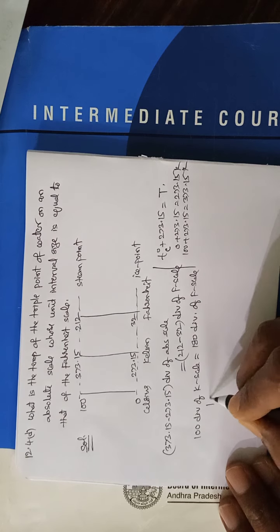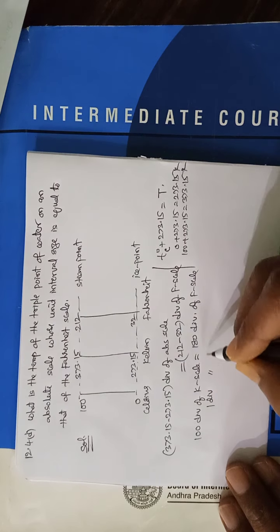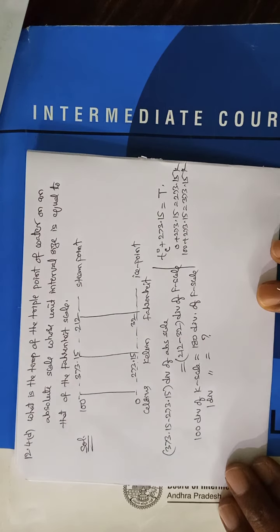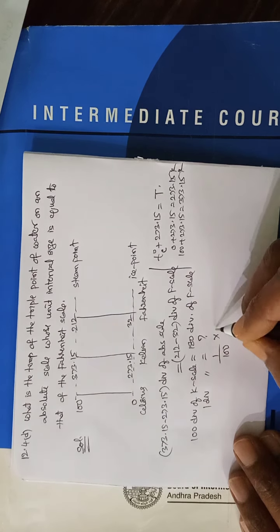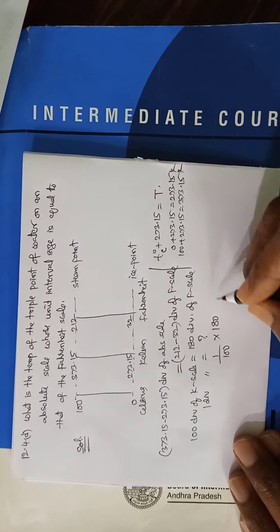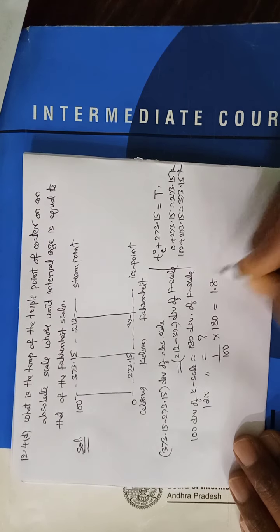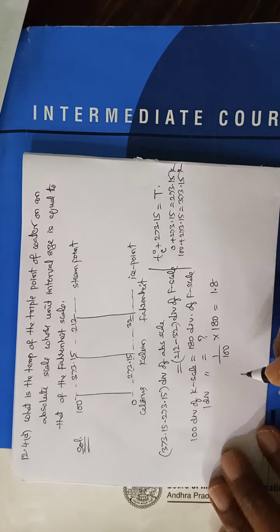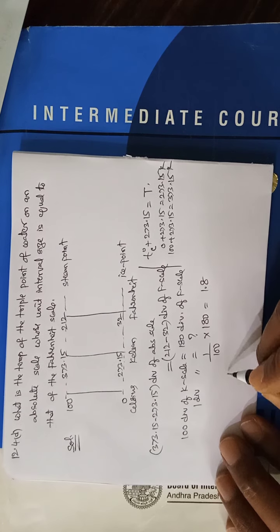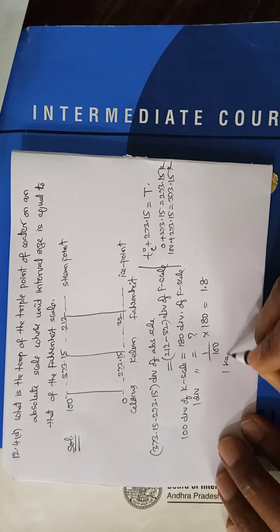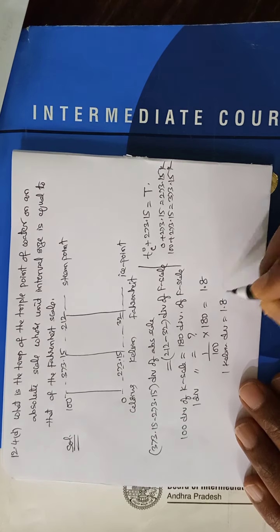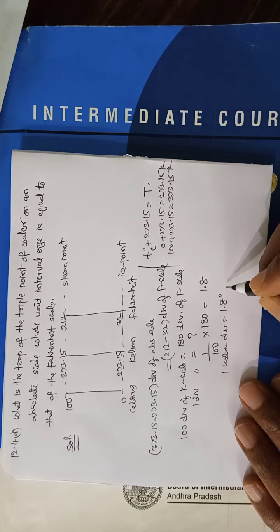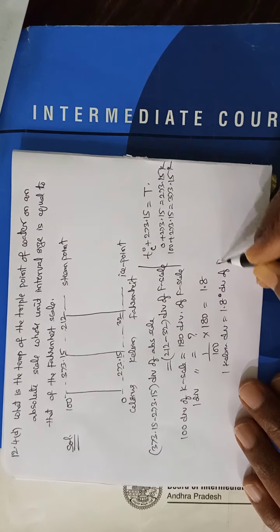So 1 division of Kelvin scale is equal to how much? 1 by 100 into 180. That is equal to 1.8. So 1 Kelvin division is equal to 1.8 divisions of Fahrenheit scale.